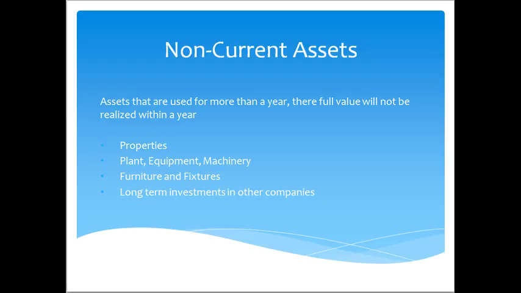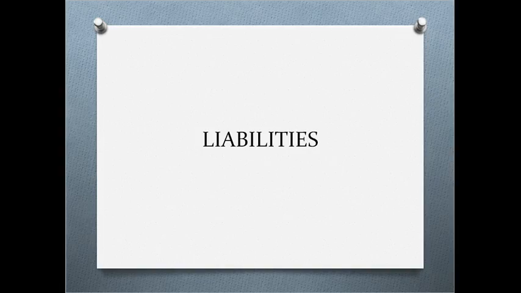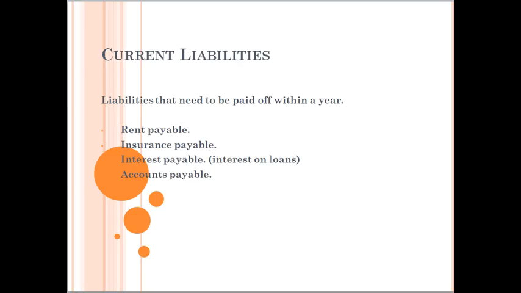Let's now move forward and start with liabilities. Likewise, liabilities can also be subcategorized into current and non-current liabilities. Current liabilities, as the word suggests, are liabilities that need to be paid off within a year.